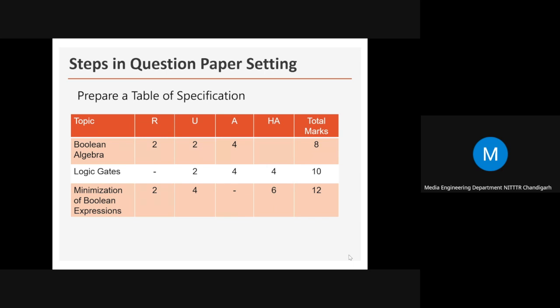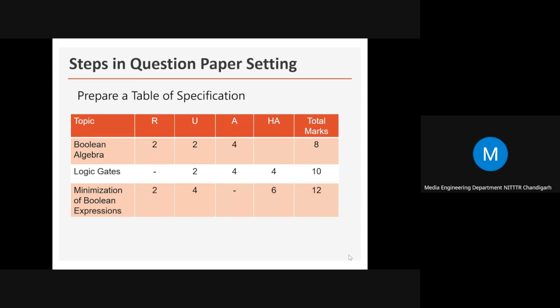We cannot really ask questions of higher order in a written examination. To a certain extent we can ask questions related to analyzing, but we cannot really ask questions related to evaluating or creating in a limited hour examination, right?